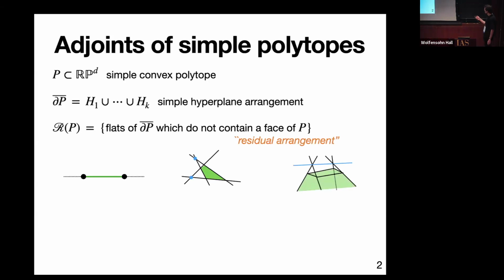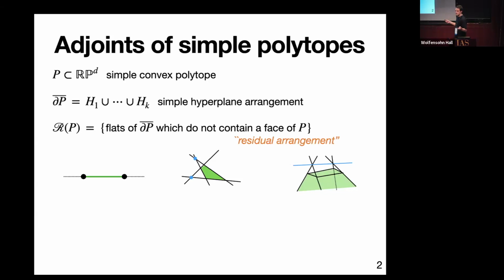Here are some examples. If you take a convex polytope that is a line segment, the hyperplane arrangement consists of 2 black dots, and the residual arrangement is empty because both dots contain a face of the polytope. Slightly more interesting, if you look at a quadrilateral, this green quadrilateral in the plane, then these 2 blue dots form the residual arrangement.